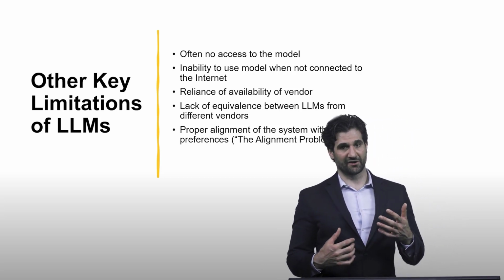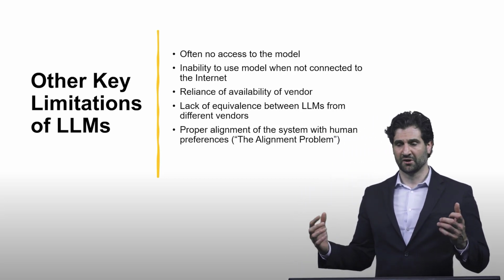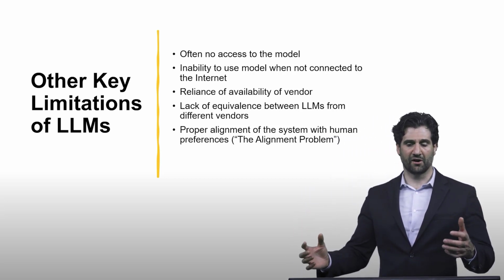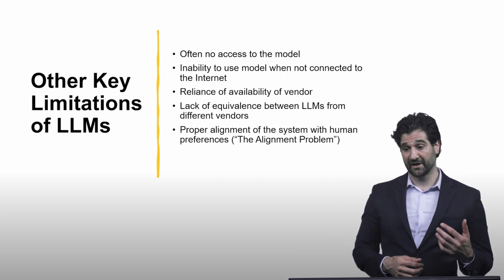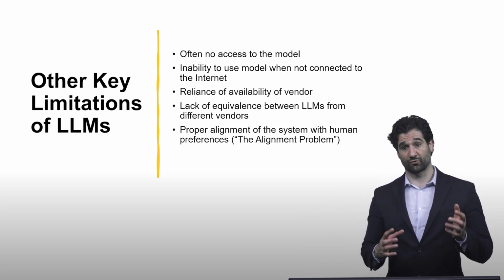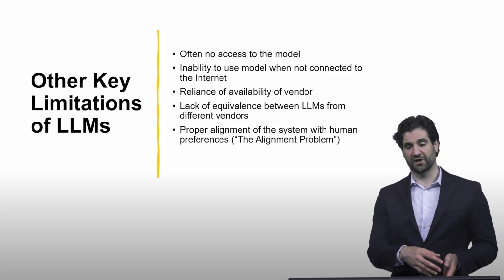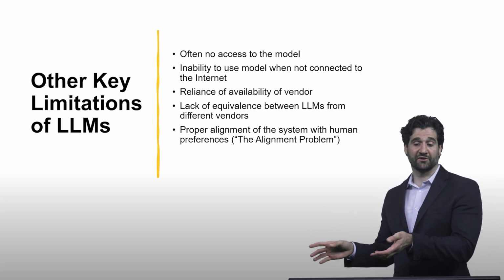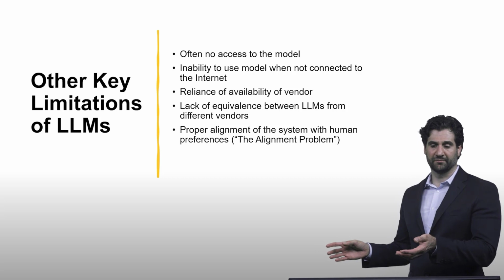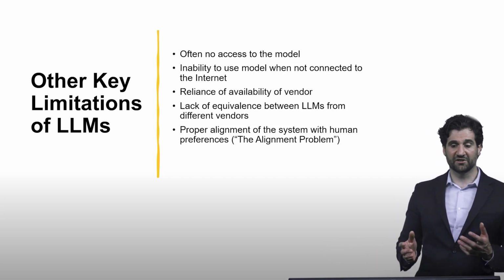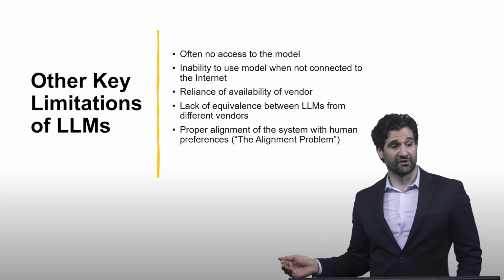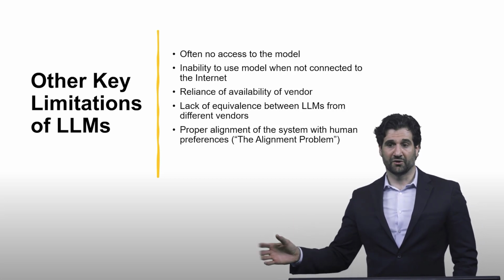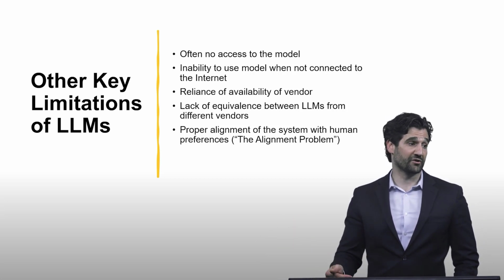Also, vendors are not really driven to make all the models work in the exact same way. So you may have cases where prompts for one LLM made by one company won't work as well on a different LLM from another company. And finally, in general, with the results of these large models, it's very difficult to align them to what is desirable for human beings.